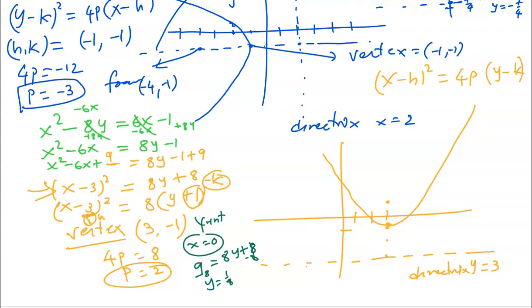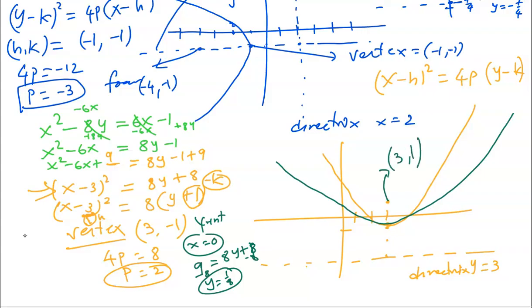So it's going to be way flat, somewhere here. That's going to look like the graph. I'm not sure if I made a mistake, so you can check that one. That's your graph. Your focus is 3 comma 1.